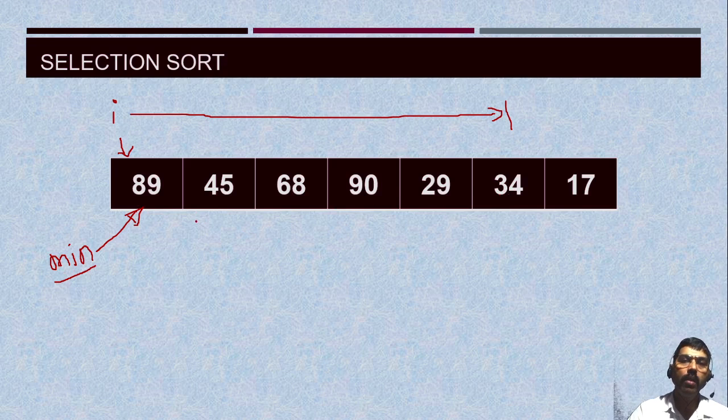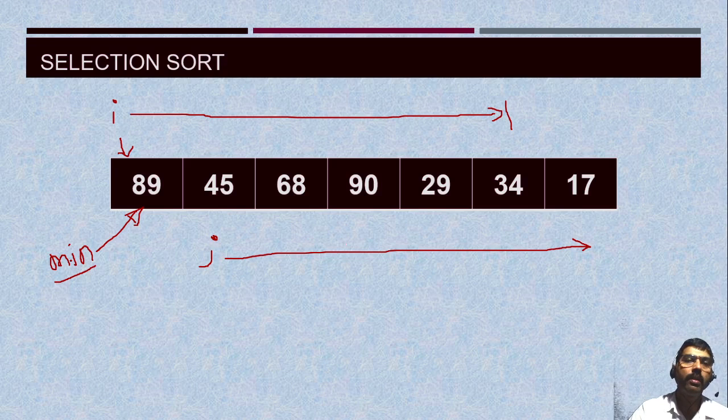Now we have one more variable called j, and this j variable starts from the second element to the last element. We compare each element pointed to by j with the minimum element. If the minimum element is larger than the element at j, then we update the minimum.